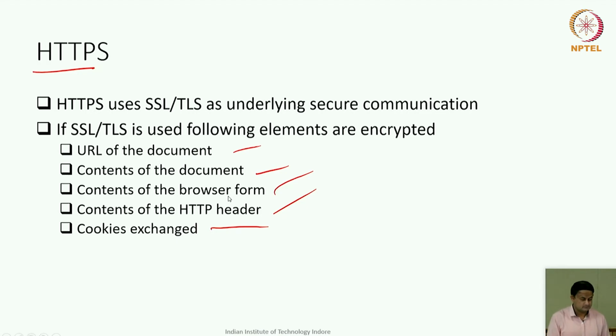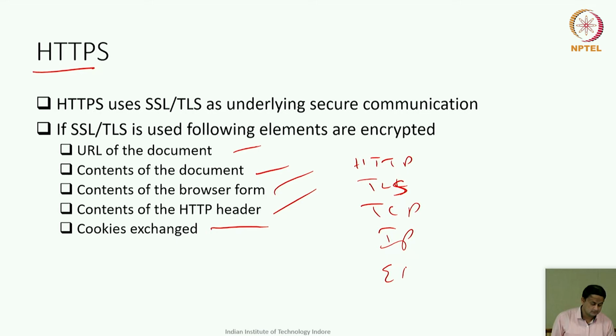So basically, if you see that HTTP is here, and it is giving a bunch of documents, those are encrypted using the TLS conversation. Beneath that, you have got the TCP, and then the IP protocol and possibly an Ethernet protocol here, and the same thing the other way around.